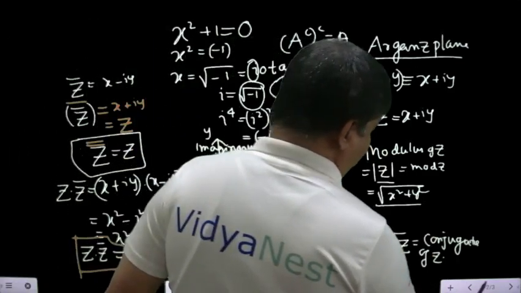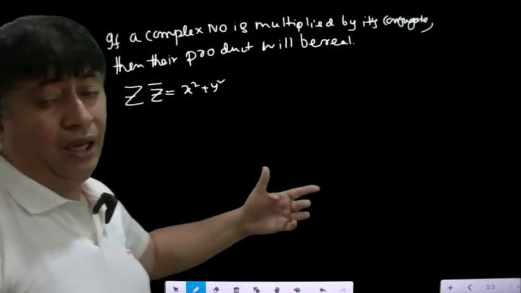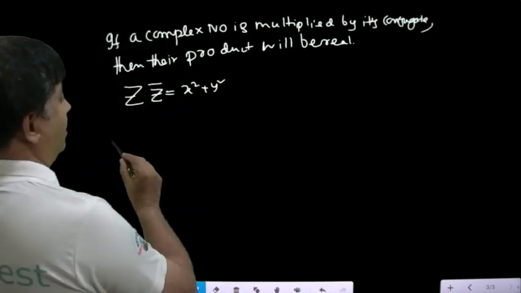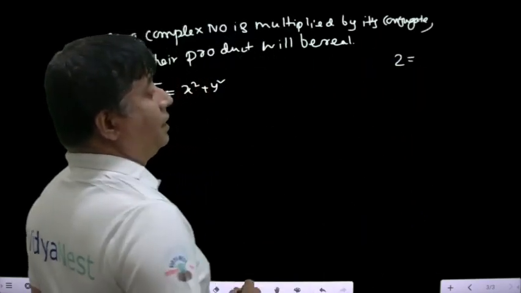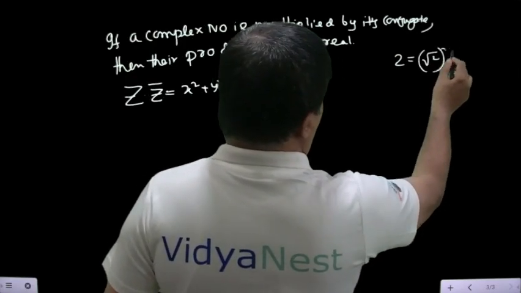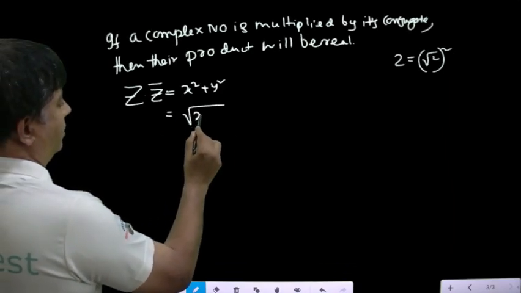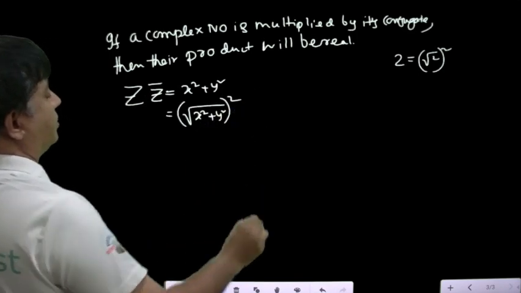So this term I will express in terms of that which we have just got. Suppose any number 2, can you write this thing in terms of a whole square? Yes, root 2 whole square. So the same thing will be done here, root x square plus y square whole square.